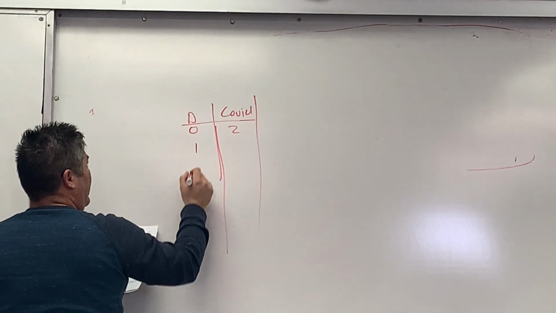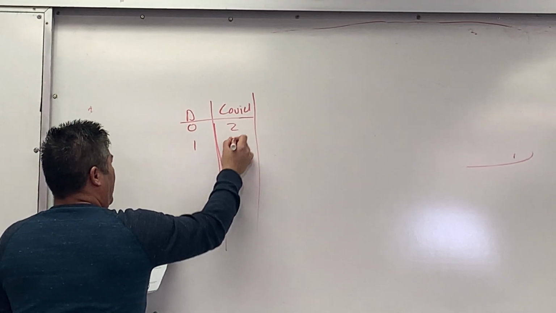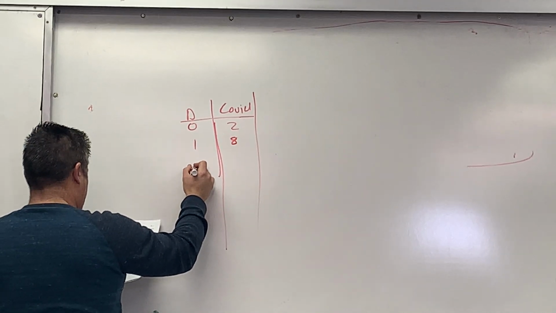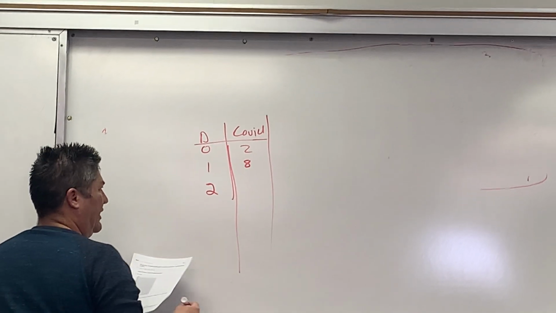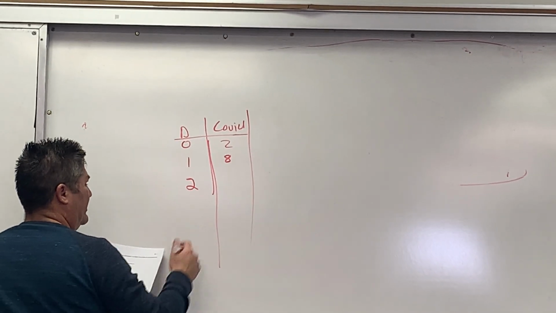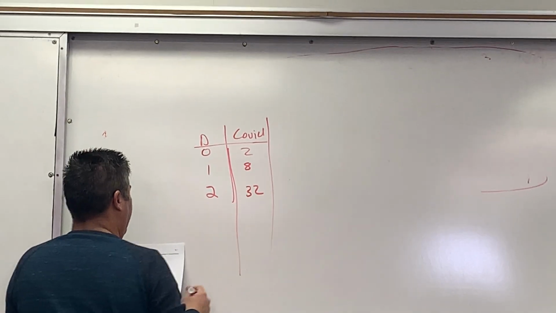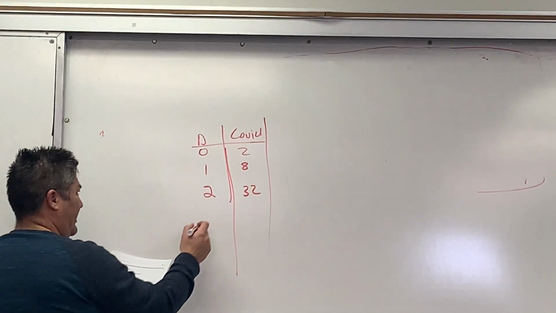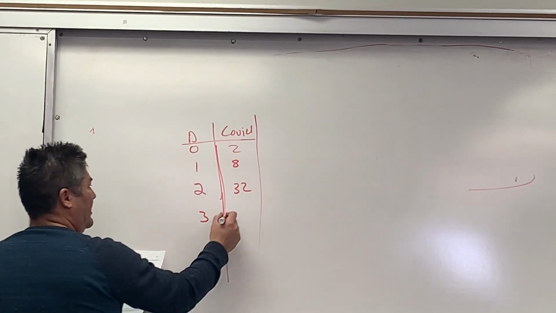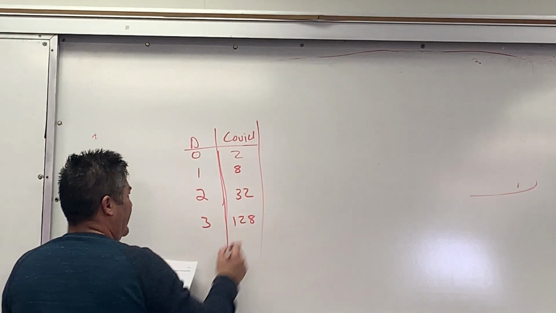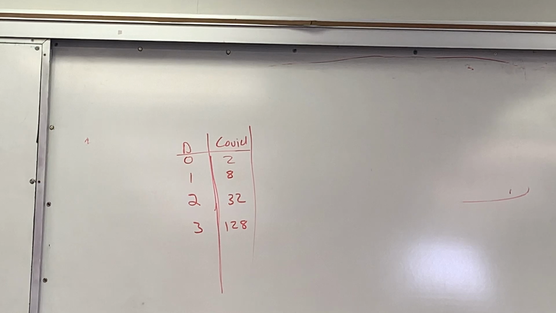Day 1, all of a sudden there are 8 people infected. Day 2, there are 32. And day 3, 128, I think. Okay? So it's going to give you something like this.